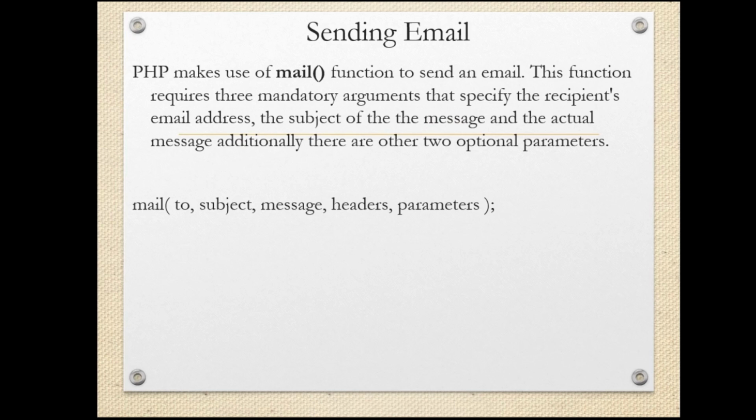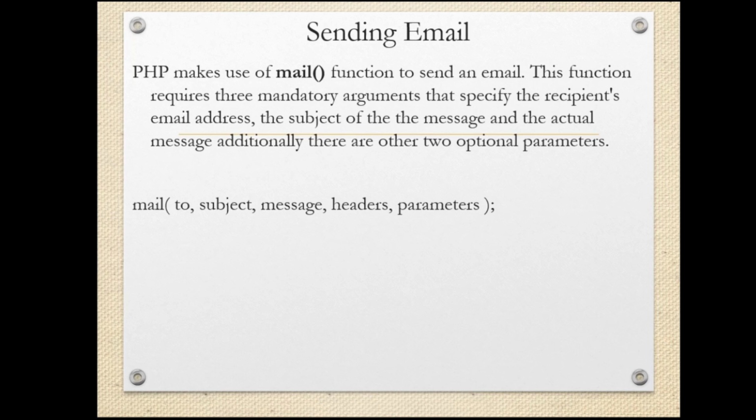Last topic of chapter number 5 is sending email. PHP makes use of the mail function to send an email. This function requires 3 mandatory arguments that specify the recipient email address, the subject of the message, and the actual message. Additionally, there are 2 optional parameters.